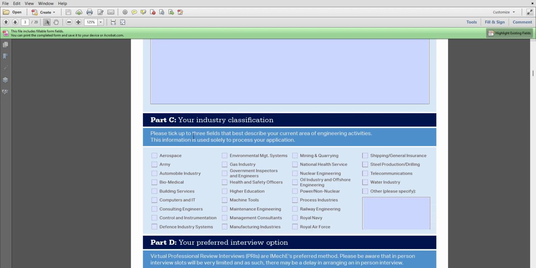For part C, you're expected to select your industry classification. So again, this is straightforward. So click the industries that apply to you.